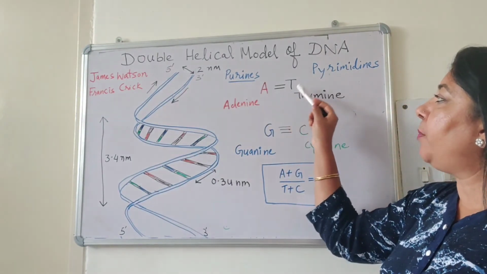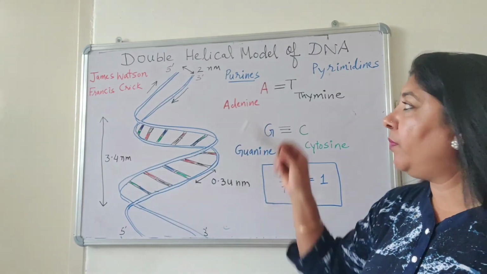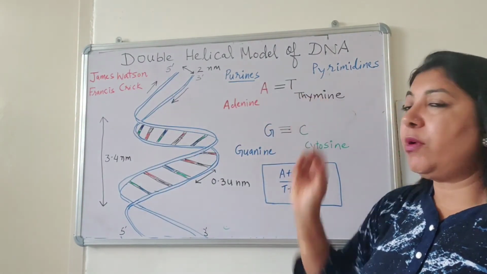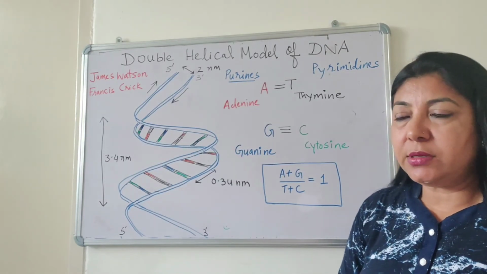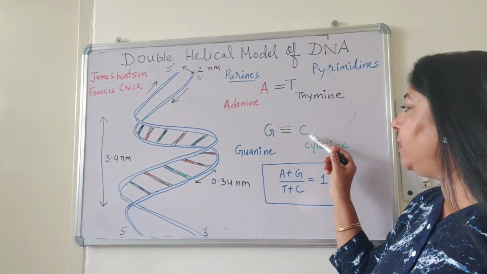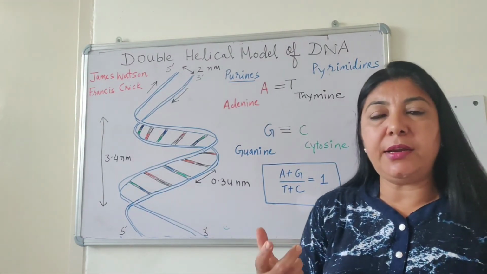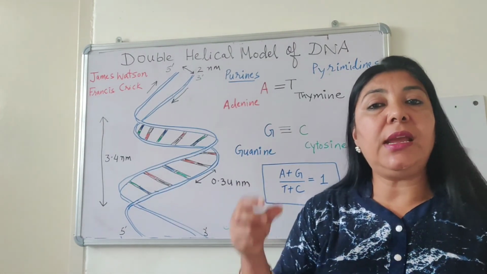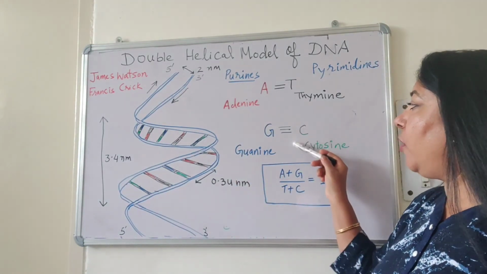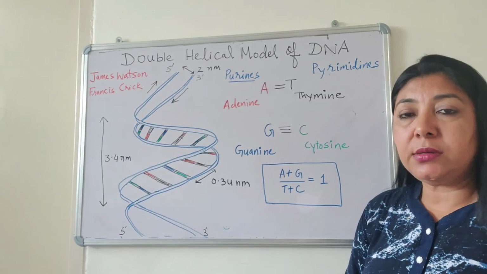Adenine will always pair with thymine. This is purine, this is pyrimidine. And they will be held together by 2 hydrogen bonds. Likewise, guanine is a purine and cytosine is a pyrimidine. Pyrimidine means it will have only a single ring in that nitrogen base, and there will be 3 hydrogen bonds.